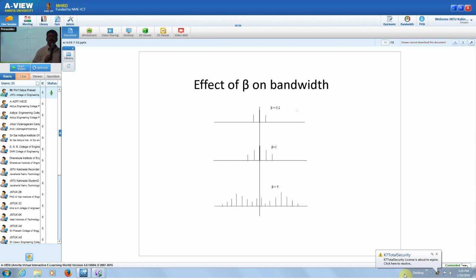So we said that in the case of AM, what is the maximum modulation index that is possible to have envelope detection or rectified detection? Maximum value of modulation index is 1 or 100%.